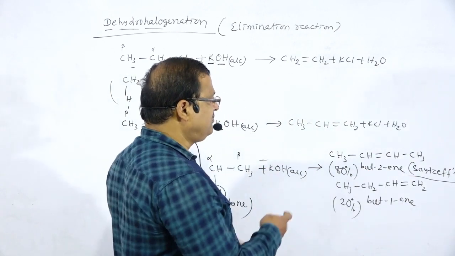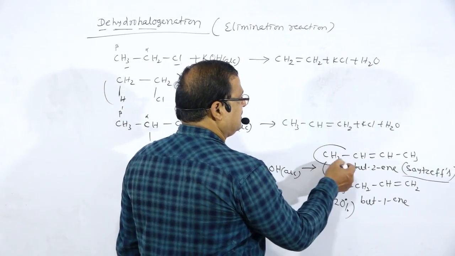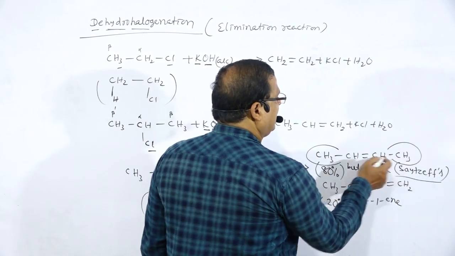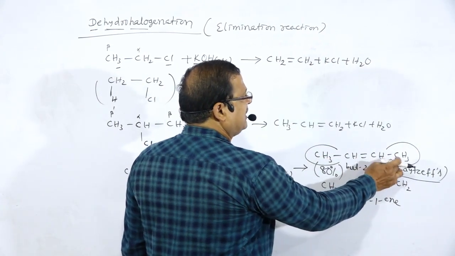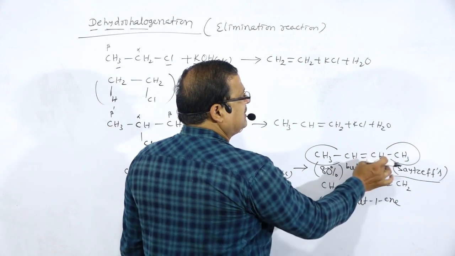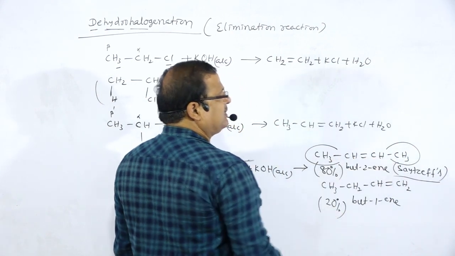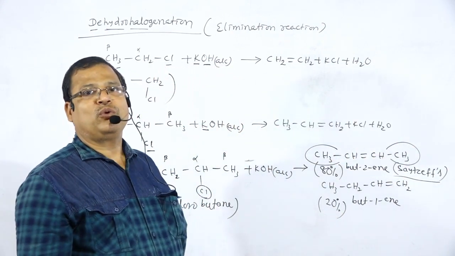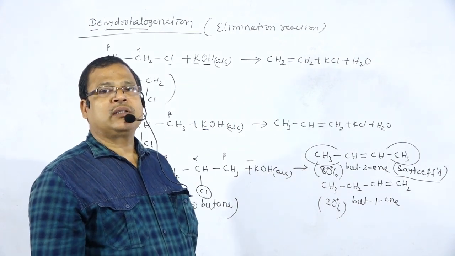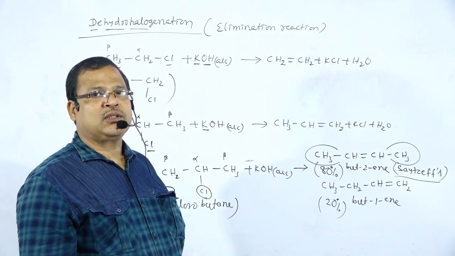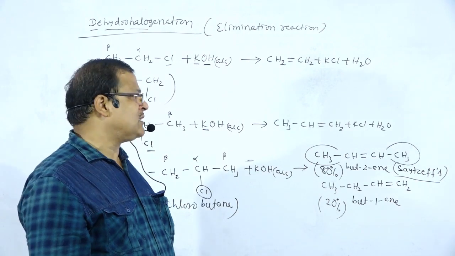Because the more alkylated alkene contains 6 alpha hydrogen atoms, which gives more number of no bond resonance, or hyperconjugated structures, giving more stability to that species.